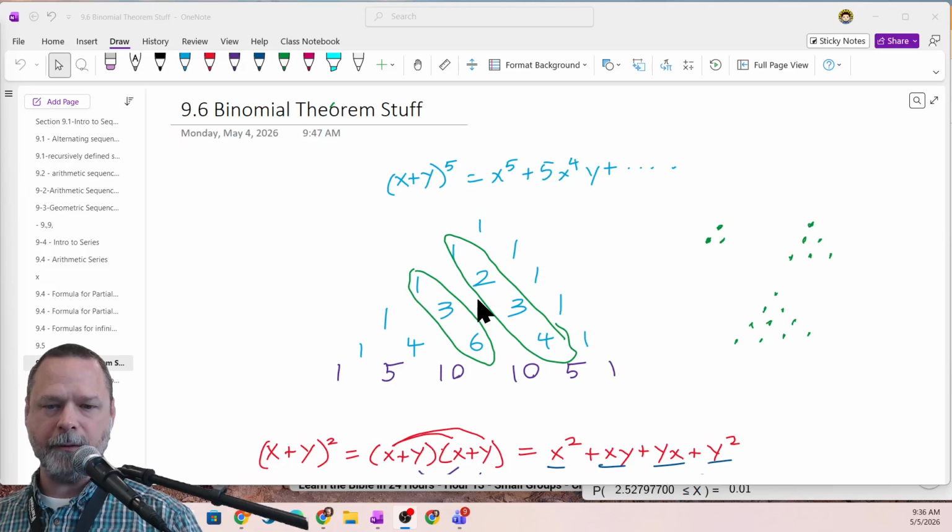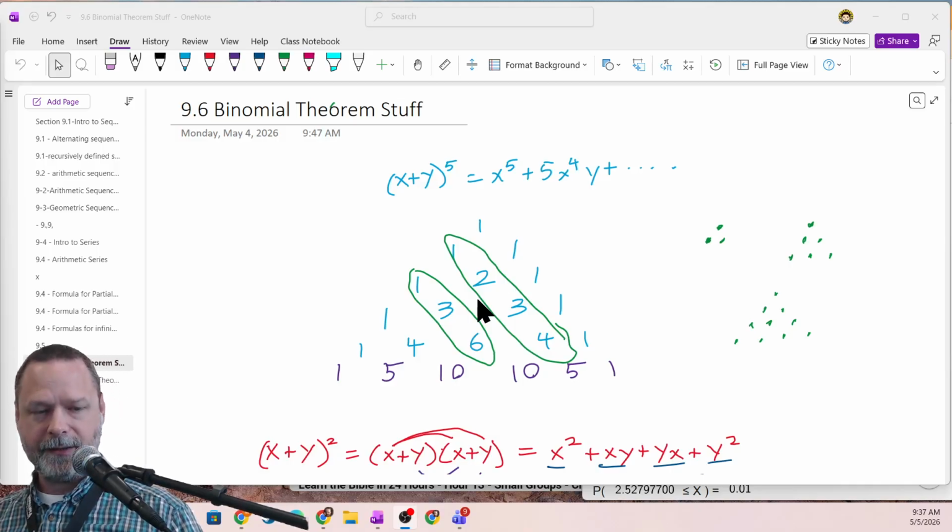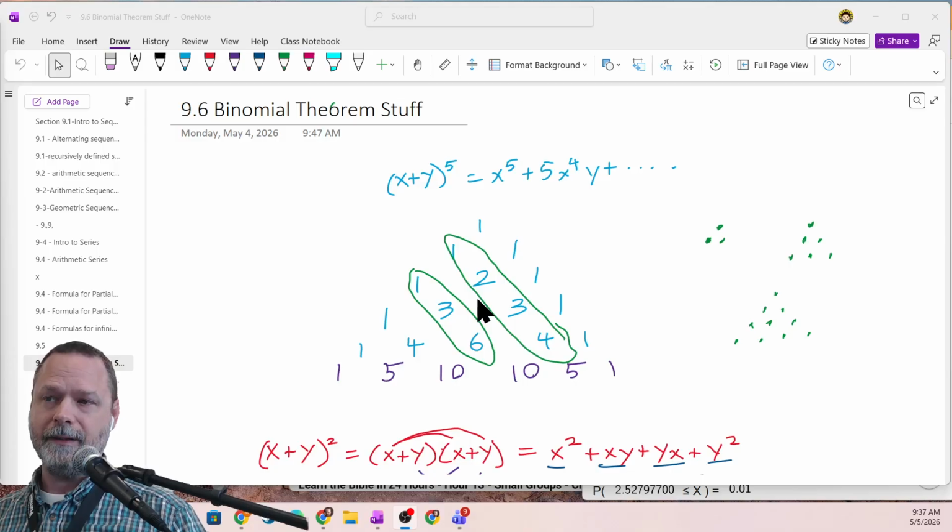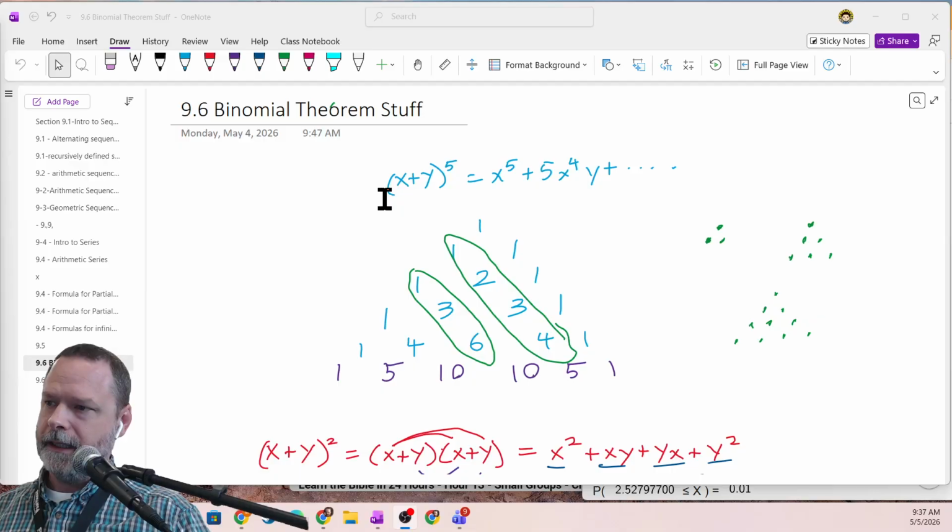And I think we were able to do that yesterday. And then today we're going to state what we can find out from our little investigation yesterday, and then link it to this neat thing called Pascal's triangle. And that will be maybe in the next video. So let's see how this goes.